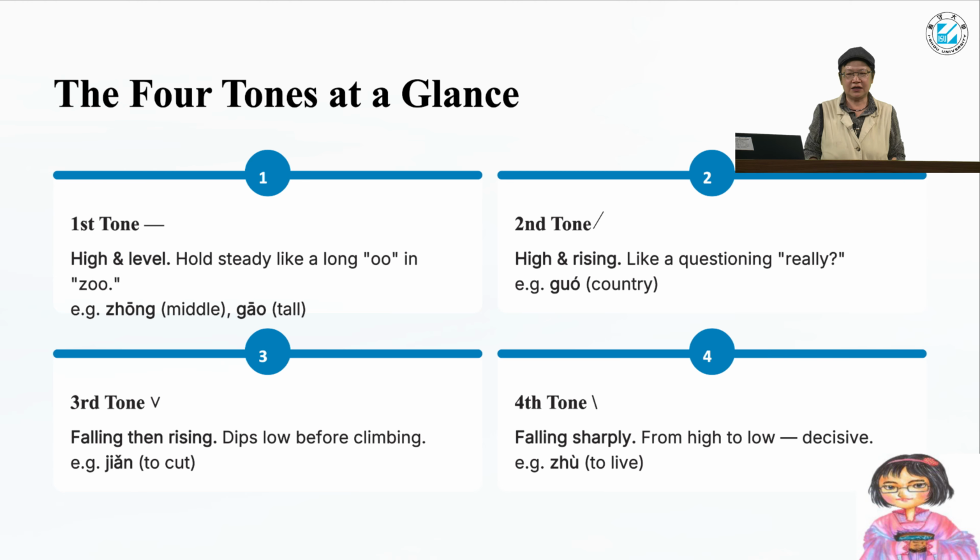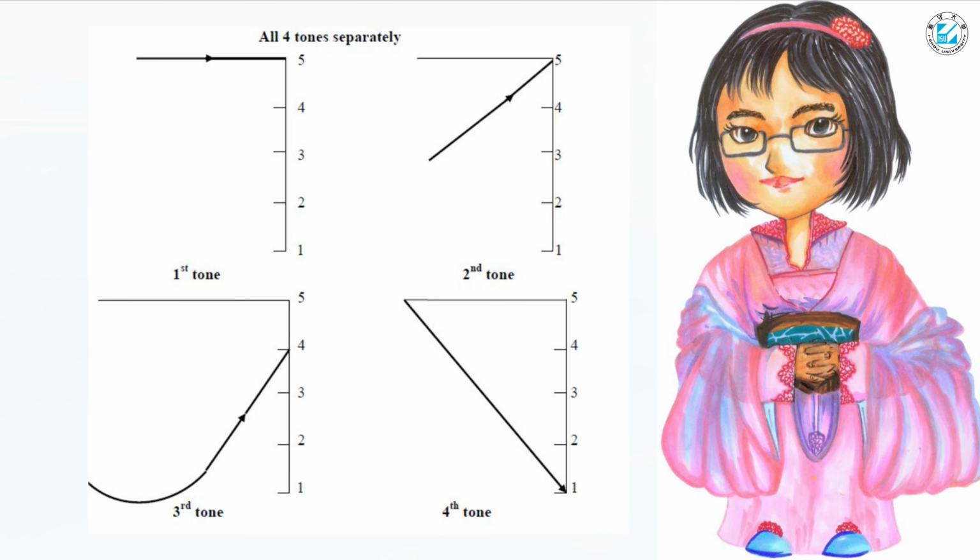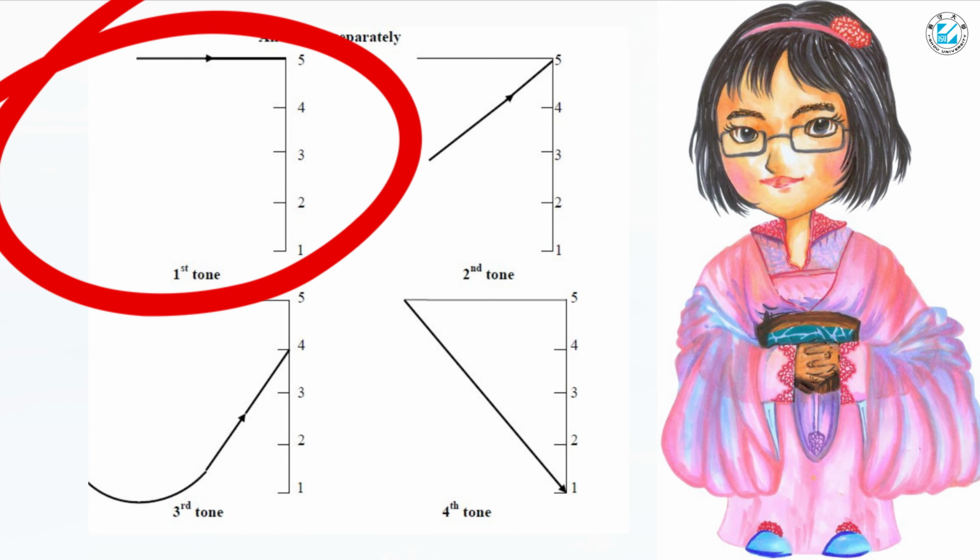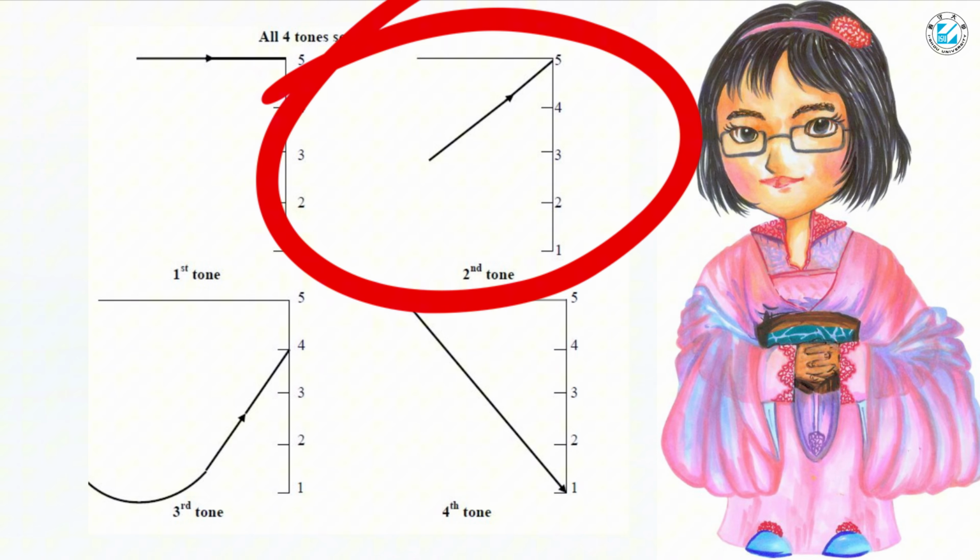And after that, you need to remember this kind of structure. Okay, first one is high and flat. And the second one is actually you go from the kind of middle level to the higher position.